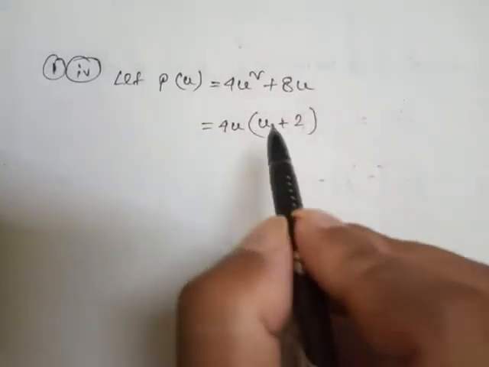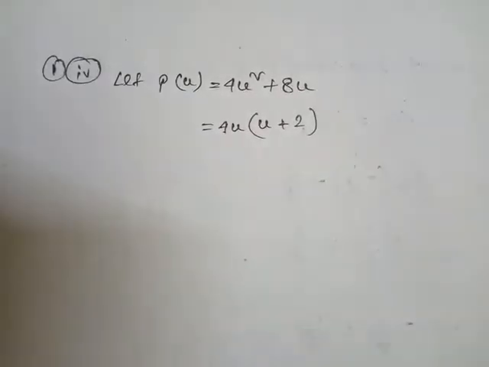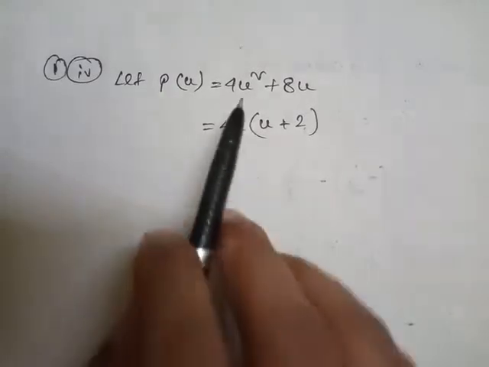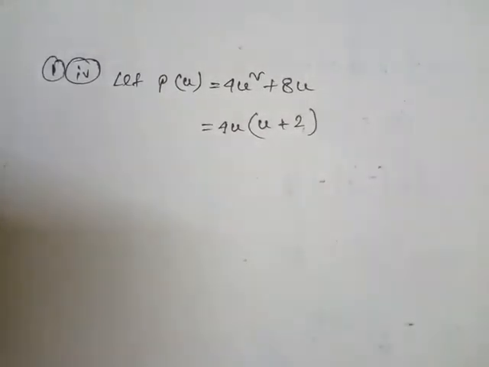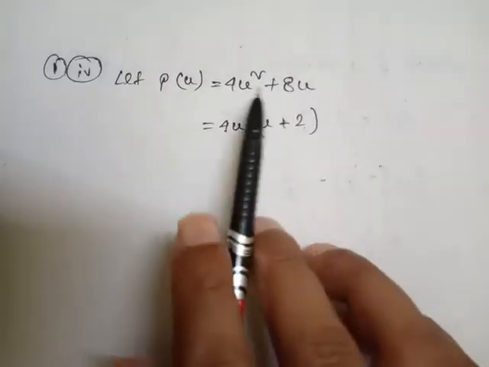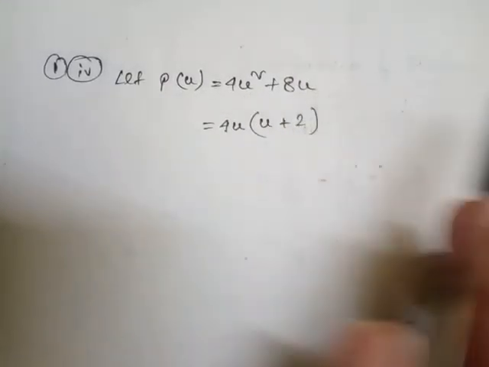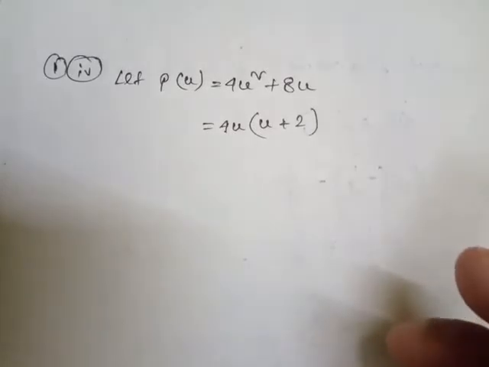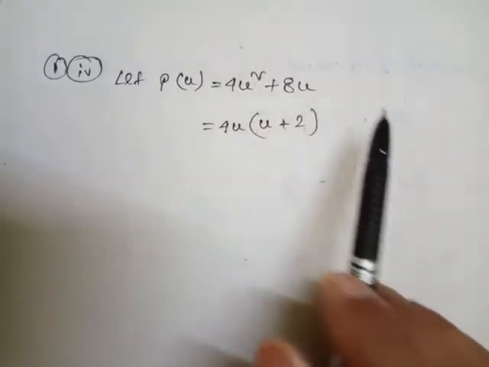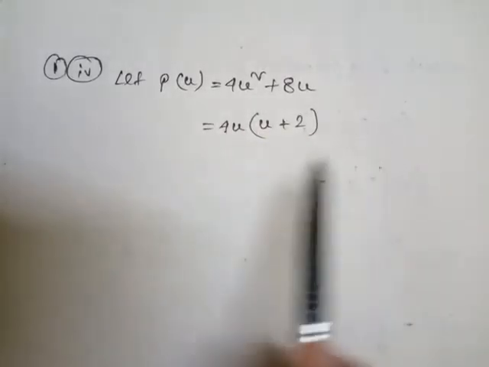Now here we cannot use the middle term factorization. Why? Because there are only 2 terms, there is no 3rd term. If there were 3 terms like u square, u and some constant, then we could use the middle term factorization. But there are only 2 terms, so the sum will be like this.